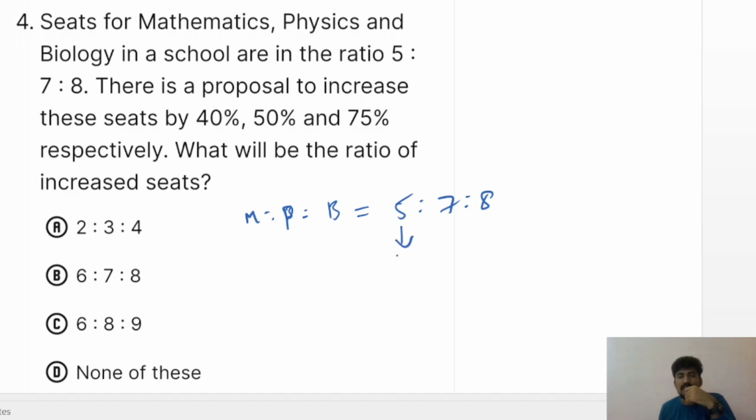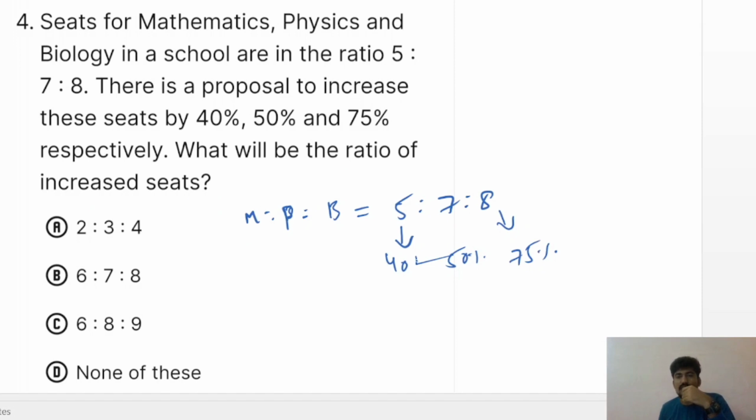Maths seats are increased by 40%, physics seats by 50% and biology by 75%. What will be the ratio of the increased seats after increasing the seats?